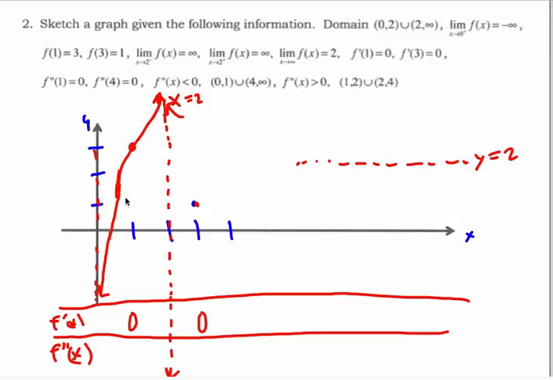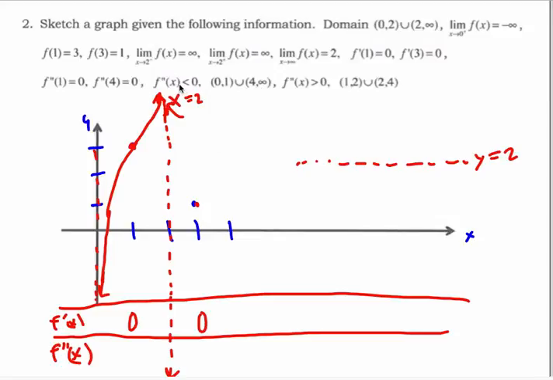Okay, that shouldn't look like a point of inflection. I'll try to make that a bit smoother. Okay. Something like that, although, yeah, something like that looks good. Alright, so the second derivative at 4 equals 0, that's possibly another point of inflection.